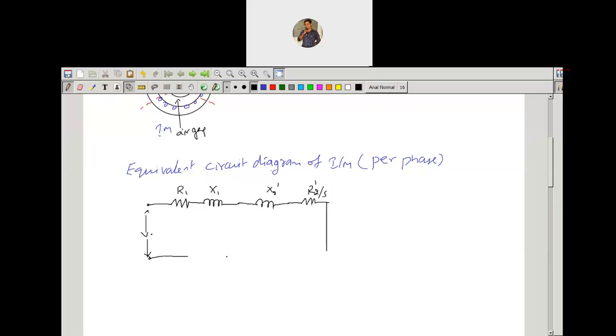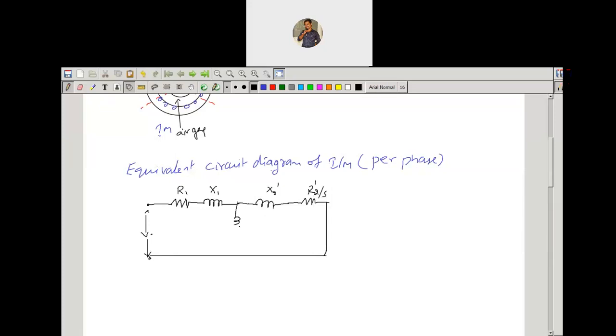Okay, this circuit diagram you already know, you've seen it in your induction machines course. We also have the magnetization reactance between the stator and rotor, which we call XM.